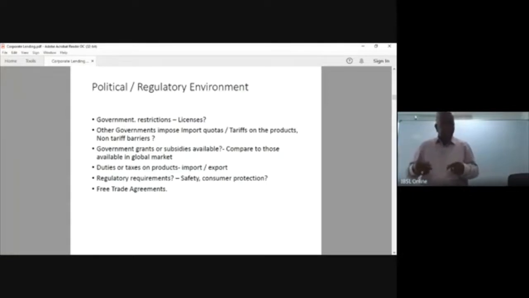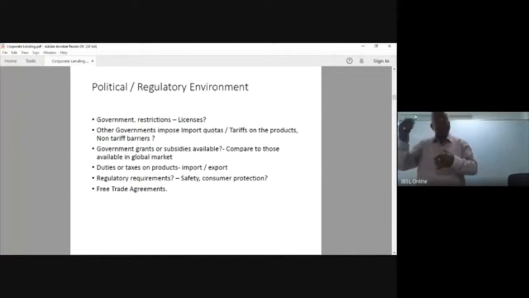Then, other governments impose import quotas or tariffs on products, or non-tariff barriers. When you import certain items from certain countries, there are barriers. We call them tariff barriers and non-tariff barriers.